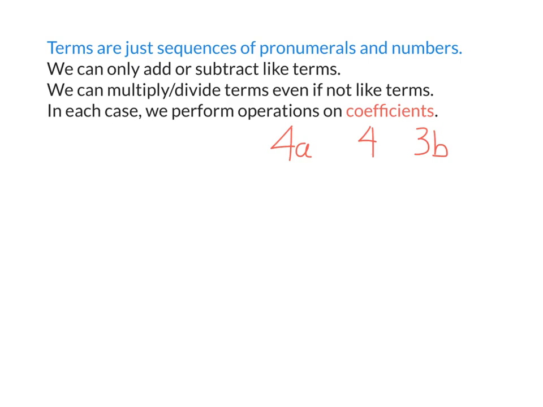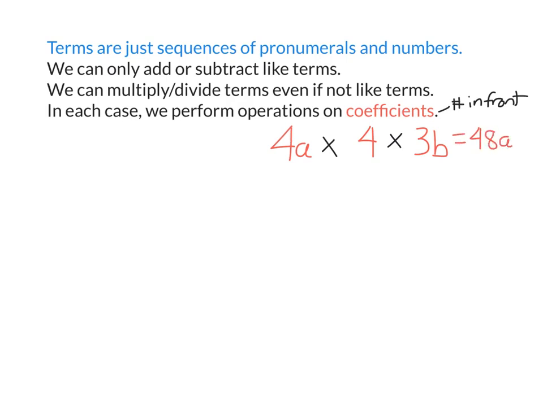We could not add or subtract these three terms. We could multiply them, however. So if I wanted to multiply 4a by 4 by 3, I just operate on coefficients. Coefficients means number in front of. So I would just go 4 times 4 times 3. I just do the numbers separately. 4 times 4 times 3 is 48.